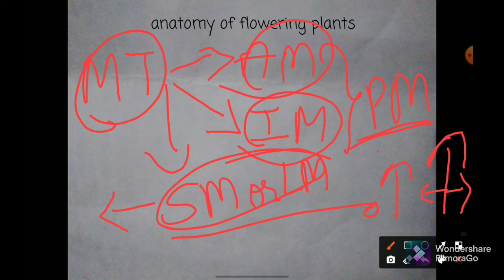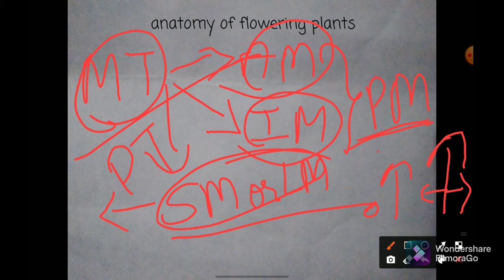Not every cell of the plant is dividing at every time. At a given time, only some tissues at the apical meristem, intercalary meristem and lateral meristem are dividing. But what are the other cells called? They are called permanent tissue. So this is meristematic tissue and we have permanent tissue.